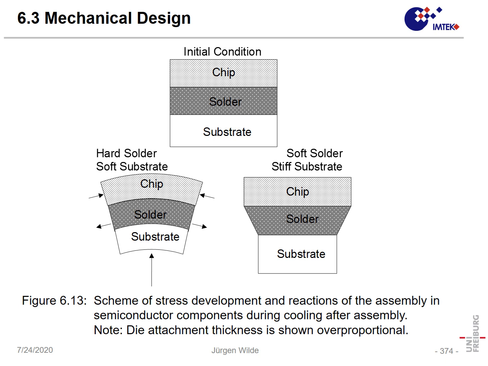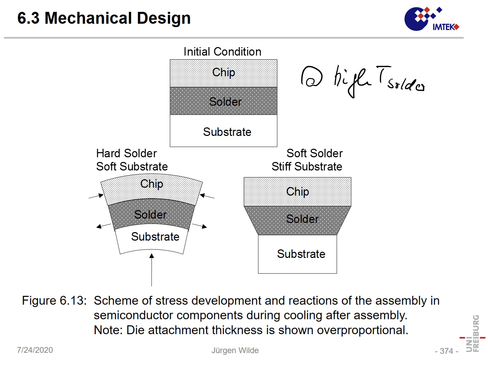Also, it is important to note that when we have, for instance, soldered or glued, and we are at high temperature, for instance, T-solder, all of that is both stress-free and strain-free. When the solder is very soft and the substrate is very stiff, the chip is also stiff, the substrate will contract more than the chip, then the solder will have to take up the strain difference.